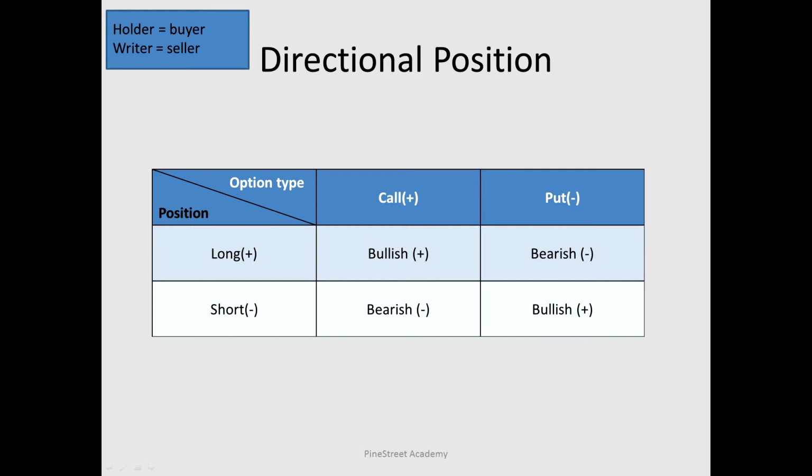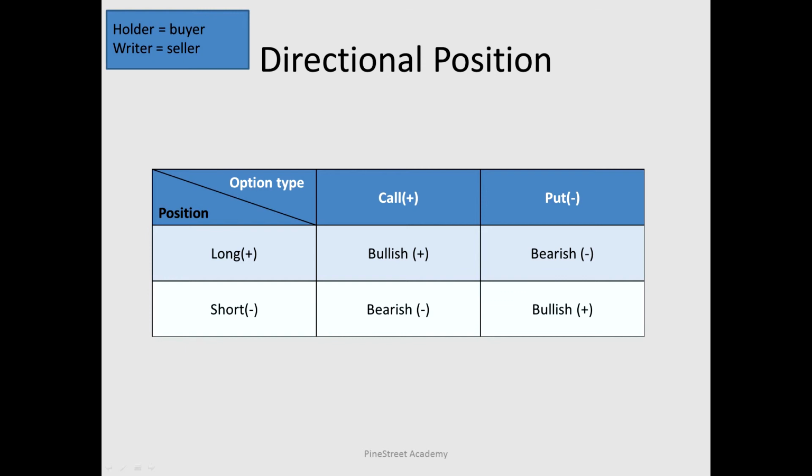When you're long, you want a rise in value, and when you're short, you're looking for a drop in value. If you're going long a call, the outcome is bullish. If you're buying a call, you want the market price of the underlying, the stock, to go up in value so that you can profit.